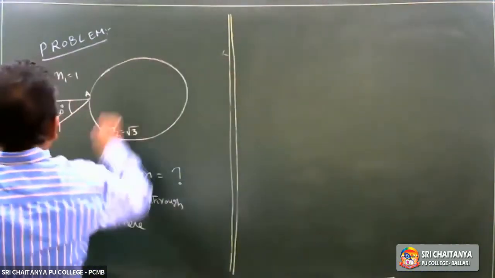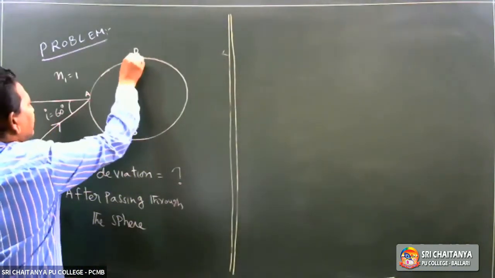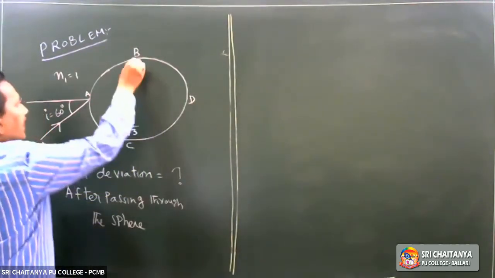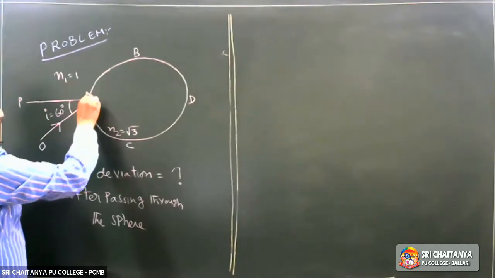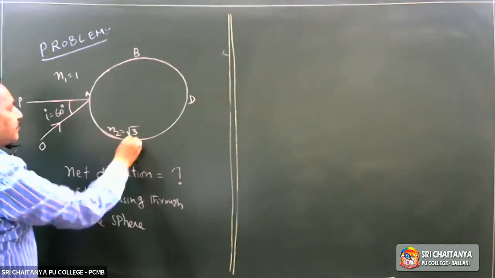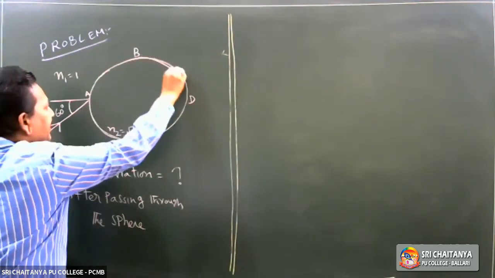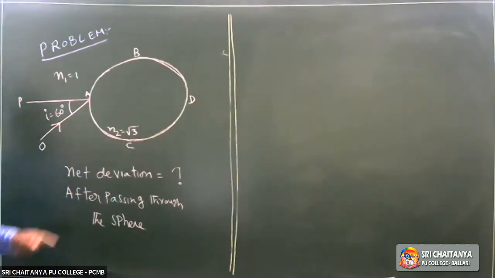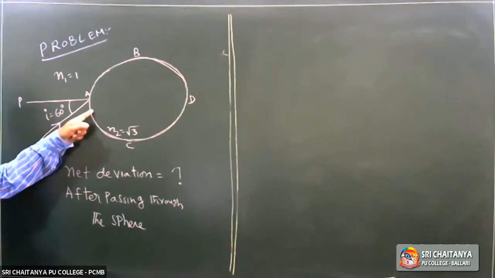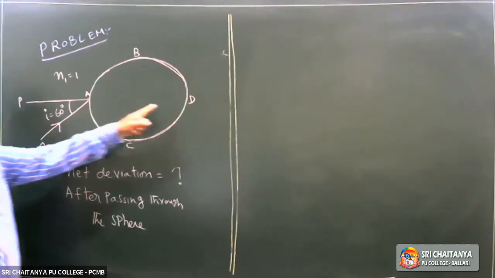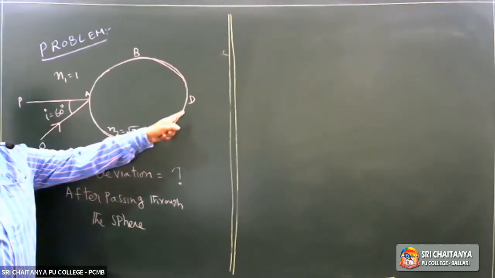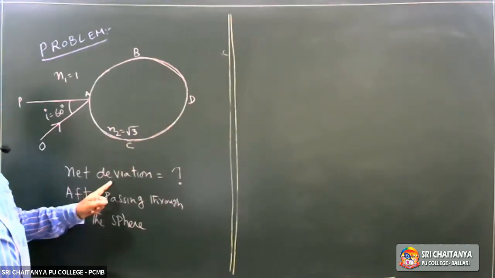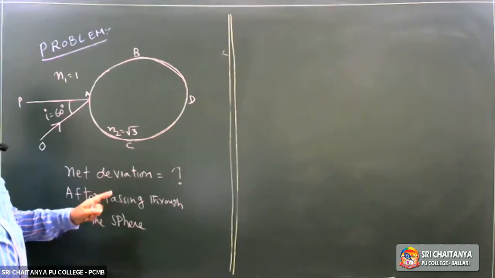Suppose this is B, this is C, this is D. BCA, first surface. BDC, the second surface. Refraction will take place near the first surface. Refraction will take place near the second surface. We have to find net deviation, total deviation.